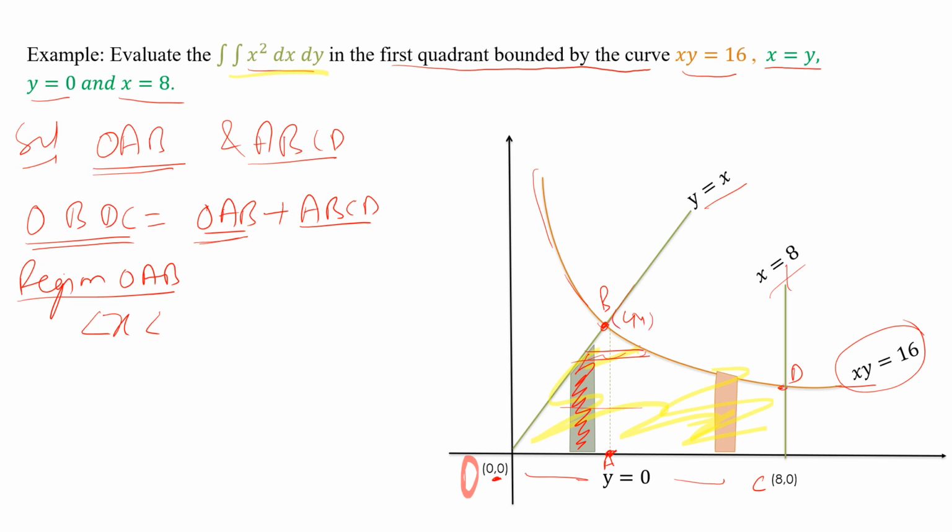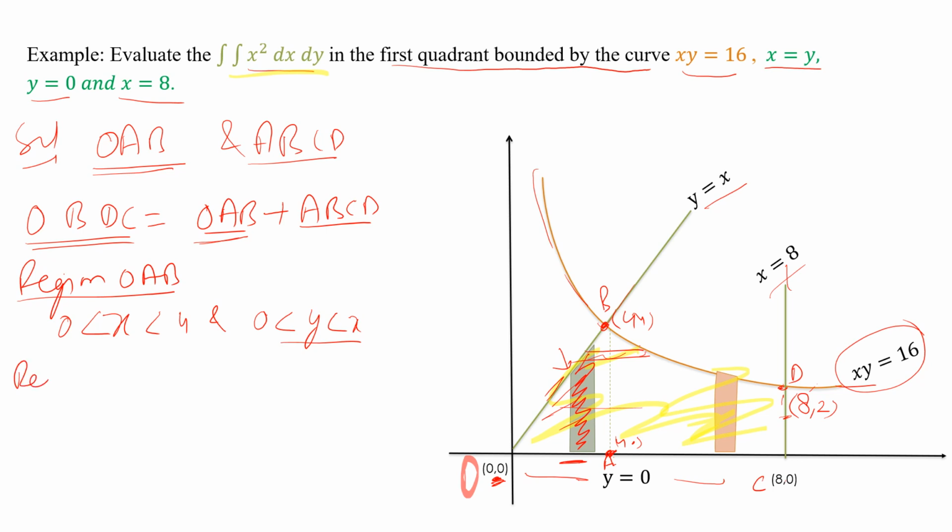The intersection of the line and the other curve gives the point 8 and 2. So for the first region x varies from 0 to 4, and y varies from 0 to the line, whose equation is y equal to x.